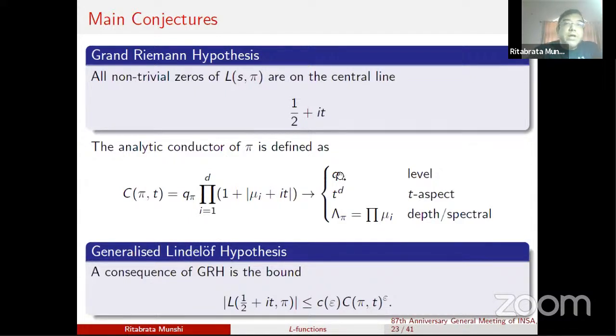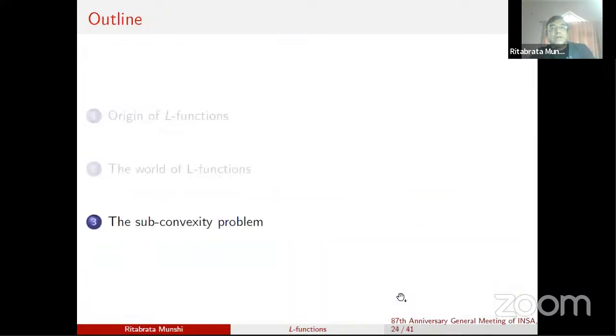Of course, then there's the grand Riemann hypothesis, which says the non-trivial zeros of the L function should be on the central line and not outside it. And a big consequence of the grand Riemann hypothesis is the generalized Lindelof hypothesis, which says that the L function cannot grow too fast. The size of the L function is bounded by the conductor raised to the power epsilon for any positive epsilon. You can take epsilon to be very, very small, but still the L function cannot be larger than the conductor raised to that epsilon.